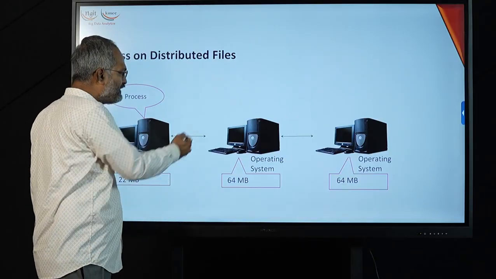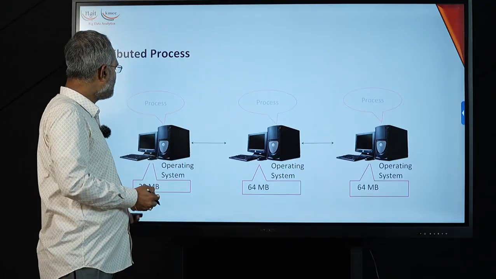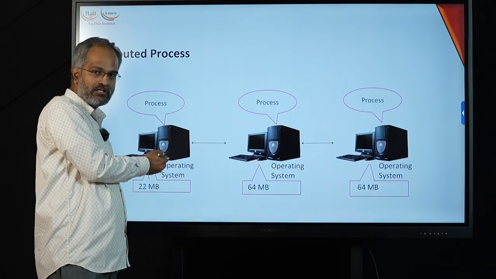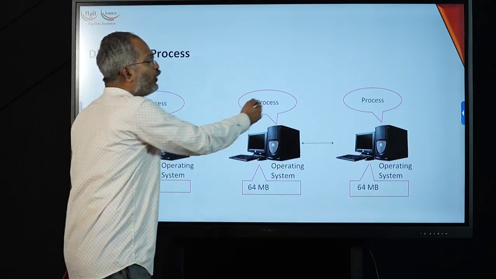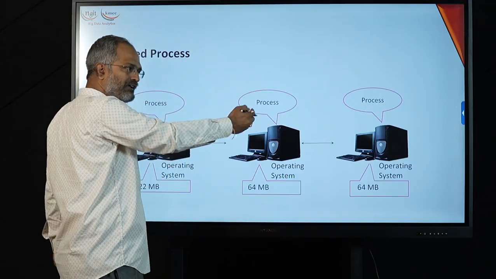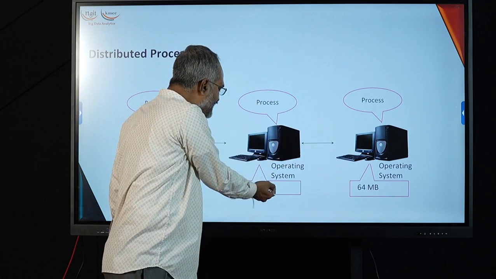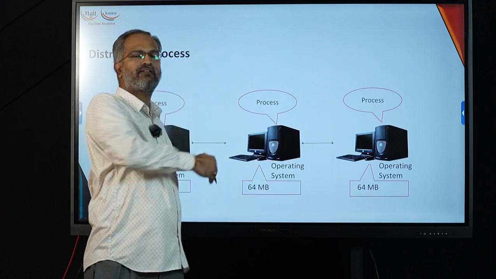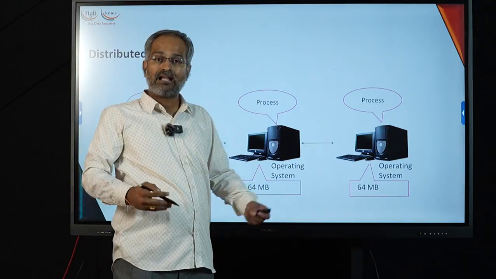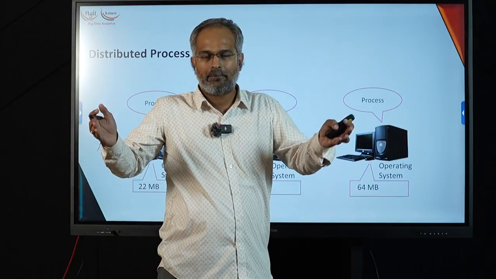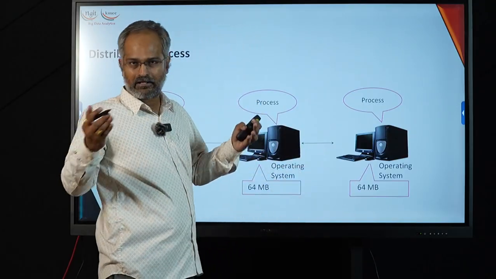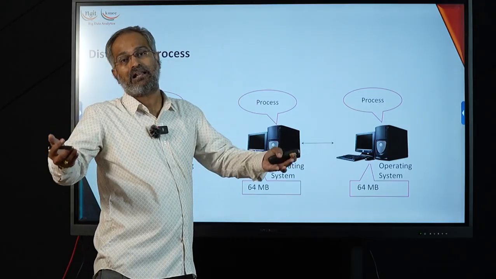The alternative is that, instead of shifting the data from one place to another, it is better to copy the process over different machines in the cluster. The data may be very huge, in terabytes or gigabytes, or petabytes also.